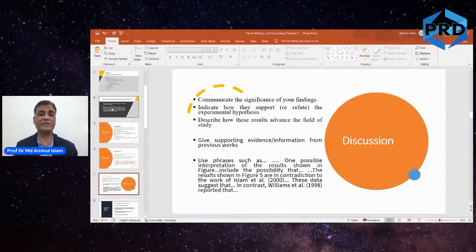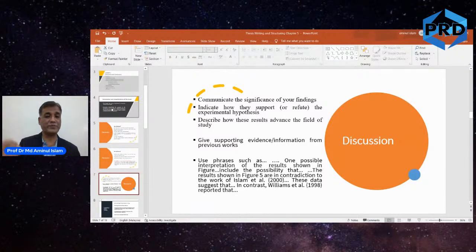Give supporting evidence and information from previous work. I have said it before, right? And I just gave you an example, like one possible interpretation of the result shown in the figure, so we include the possibility. It's like you are justifying the findings that you have.